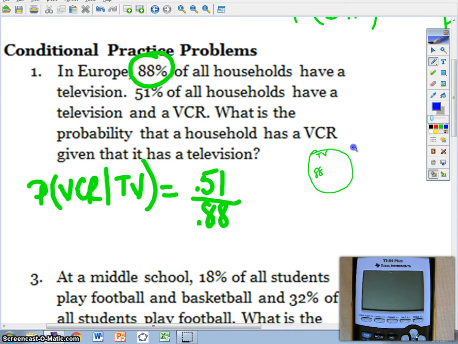And then we have the VCR side, which we don't know, but we know that the intersection is 51%. Which then also means that the TV only side is only 37%. Anyway, when you actually do it out, you get 51 out of 88, or 0.51 out of 0.88, which is equal to 0.5795. So a little under 58%.